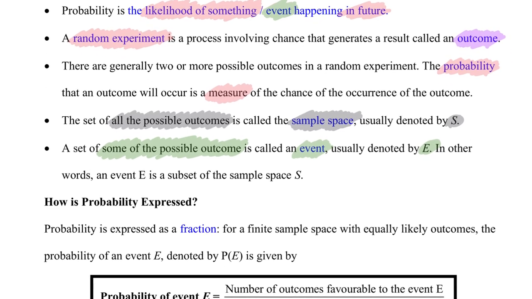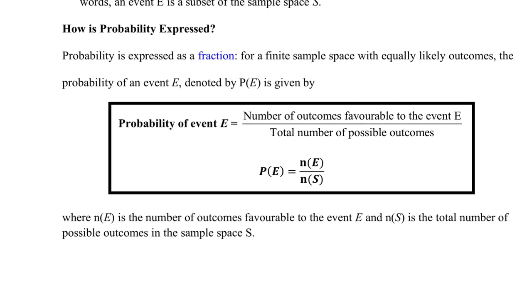So when we are going to express probability, we usually use the letter P. If there's some event E, which is basically a scenario that may happen, how then do we express probability as a fraction?